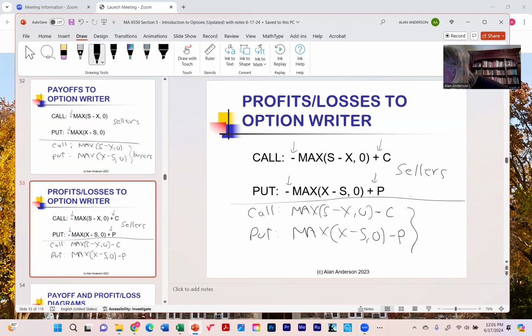And these would be our buyers. So again, it's the signs that are different. So the profits and losses, again, if I make $5 from my position, the seller must be losing $5. So the two always add up to zero. These add up to zero. These add up to zero.